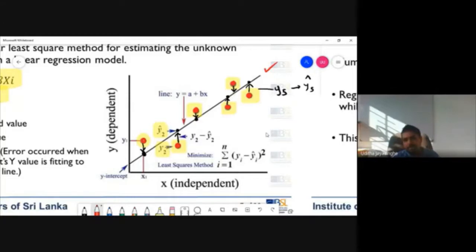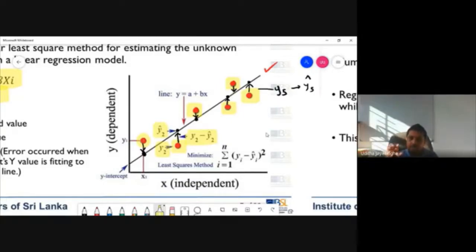Now, each and every one of these y minus y hat values is going to be utilized from the next point onwards. Students, what we are going to do from here onwards is minimize the individual arrow points that I have drawn here, the individual y minus y hat values.